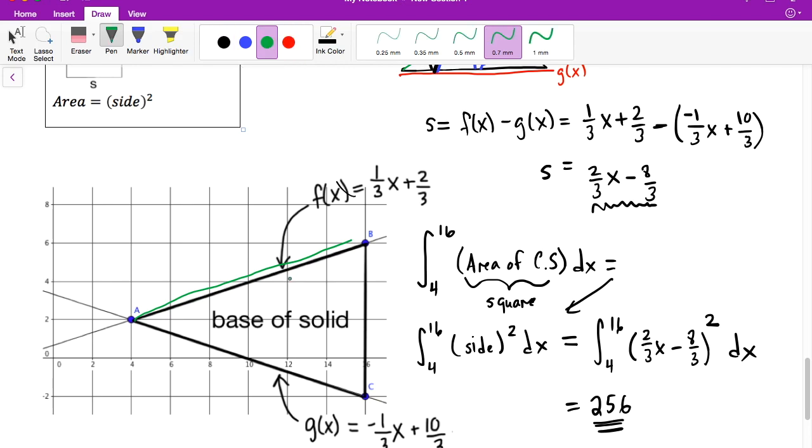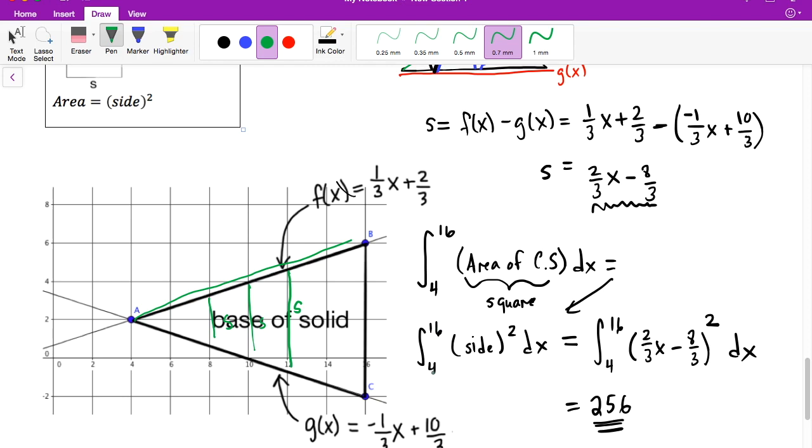So just to summarize, the big point here is to figure out how to get an expression for the side length, which is always the difference between f and g in this case, because f is on the top and g is the bottom. If you find the difference, that's always going to give us the side of the square cross section, here or here.